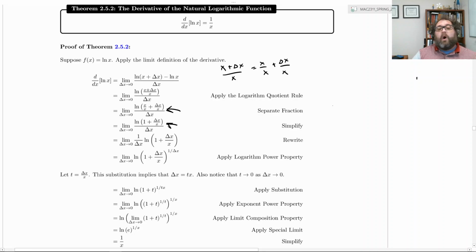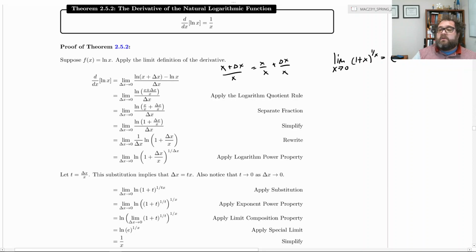Okay? Why? Well, I'm trying to eventually take advantage of a specific form. That's why I'm rewriting it, because in the back of my mind I have that special limit from the previous chapter about limits: the limit as x goes to 0 of (1 plus x) to the 1 over x power.